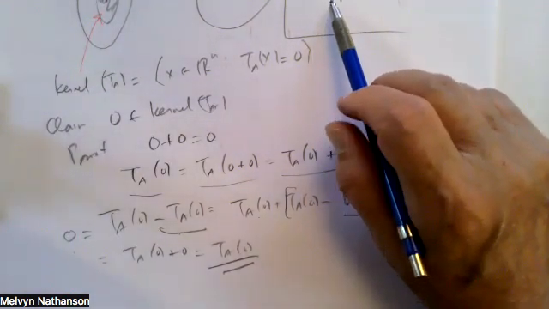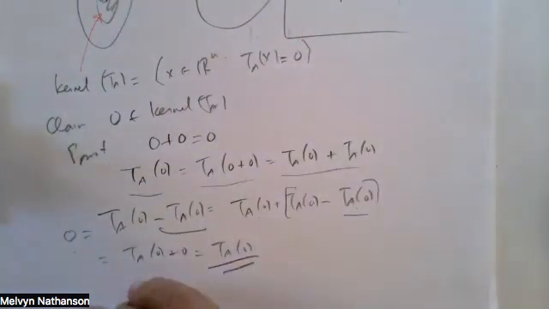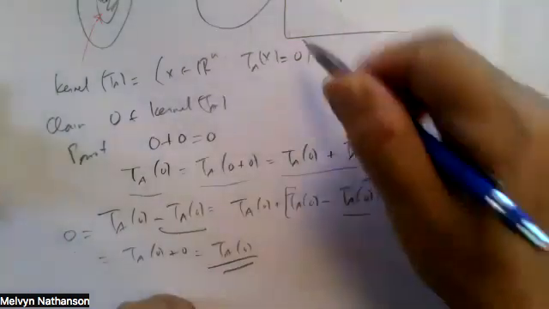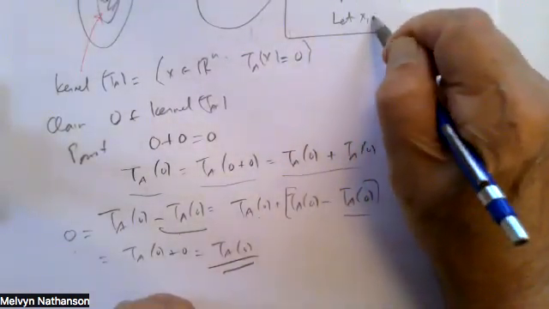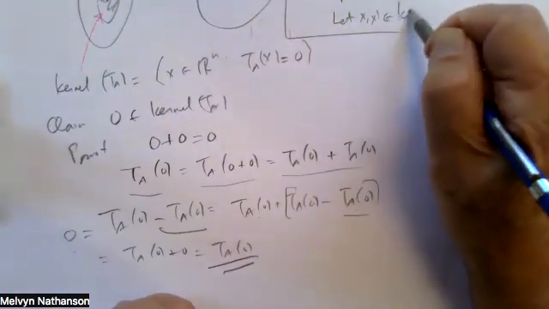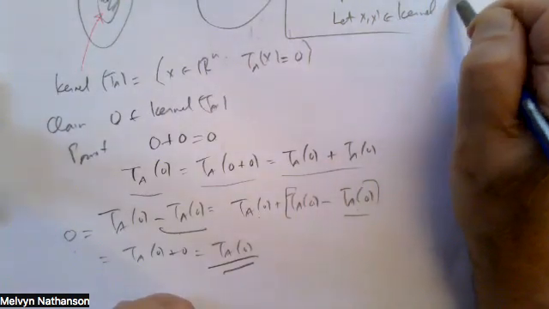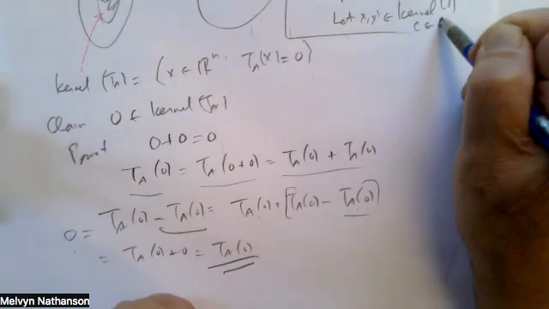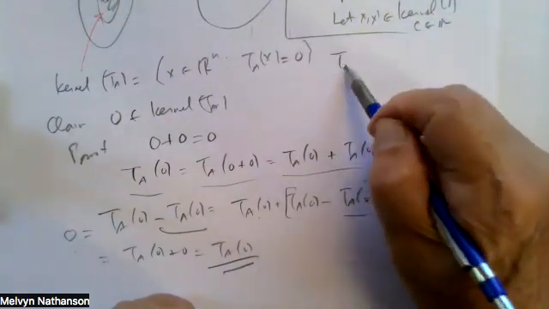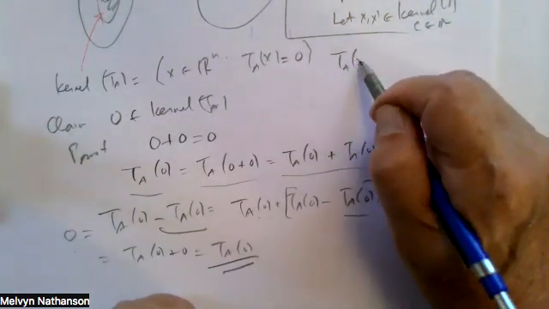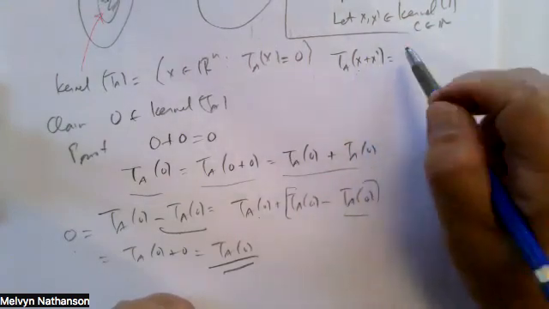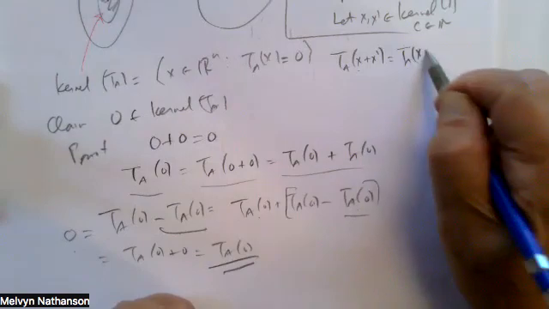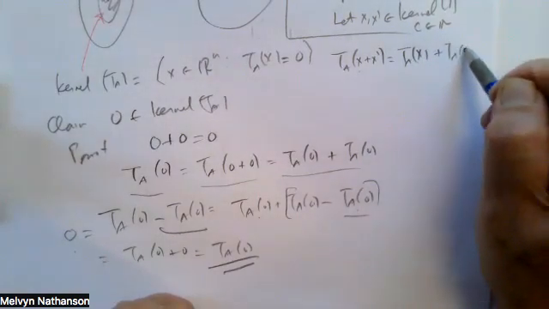Well, a subspace is a set of vectors closed under vector addition and scalar multiplication. So suppose x and x prime are in the kernel of T, and c is any scalar. So T sub A of x plus x prime, because this is a linear transformation, this is TA of x plus TA of x prime.